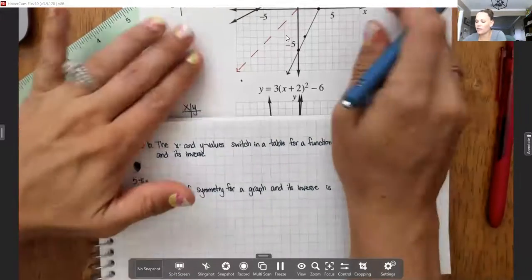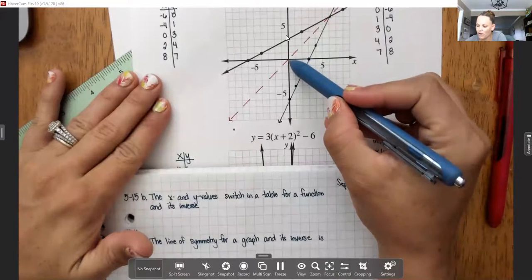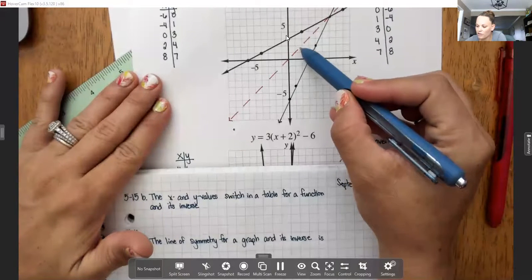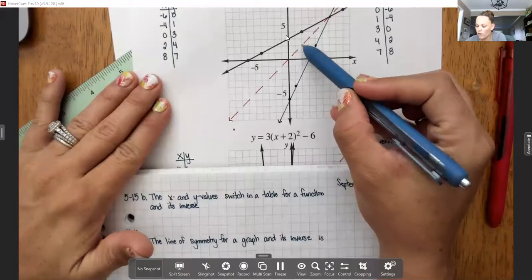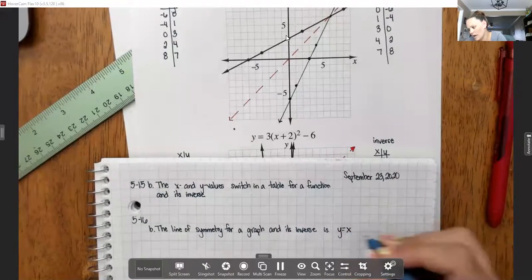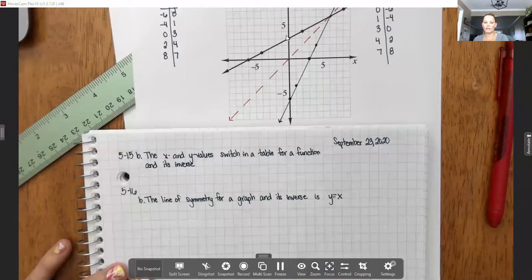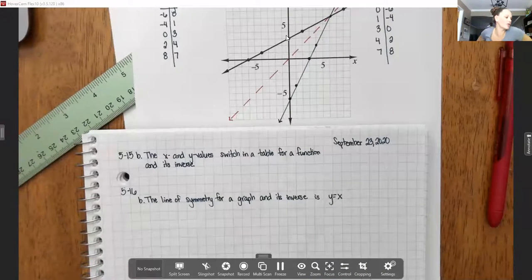So if we're looking at this red line here, we see our b value is 0, and we see that our slope is 1 over 1. So our equation here is just y equals x. Slope of 1, y-intercept of 0. That's the line of symmetry.